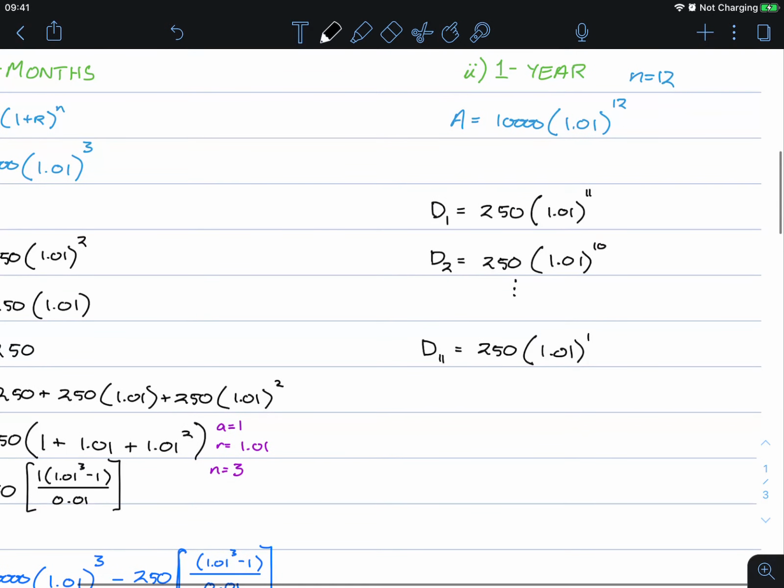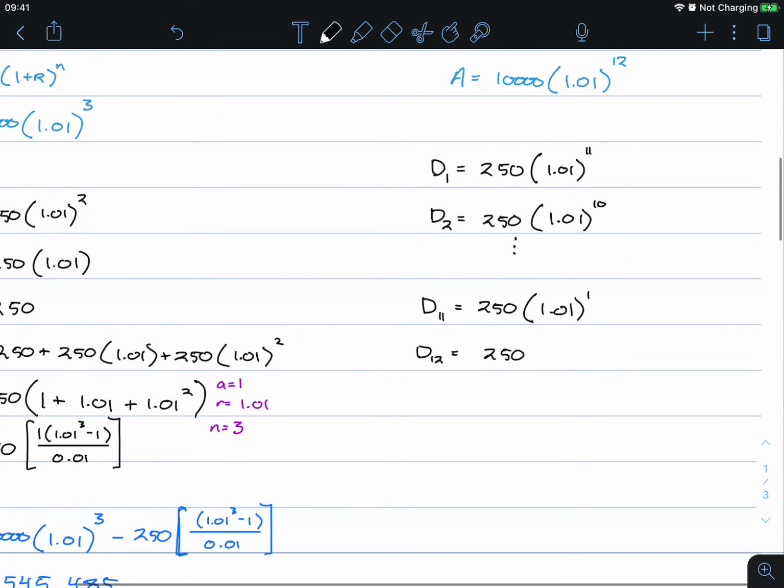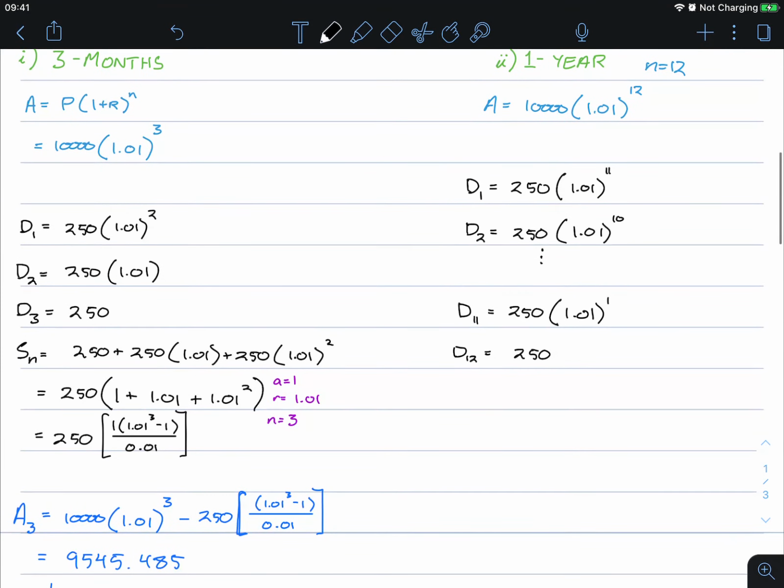So there'll be 1 month of interest for this deposit. And the last one, we just deposit 250 on that month, and that doesn't receive any interest.